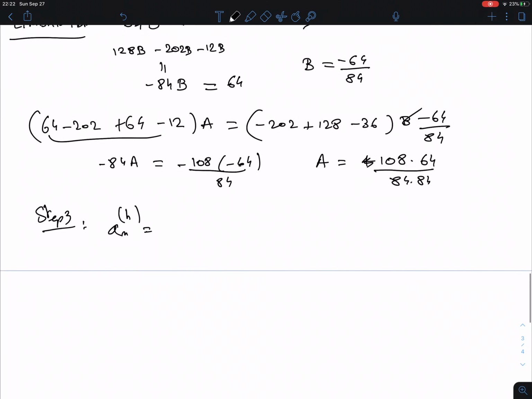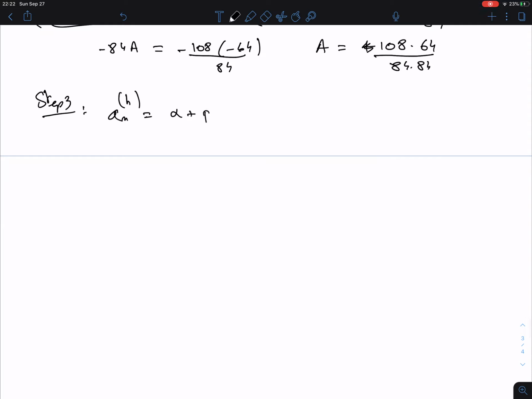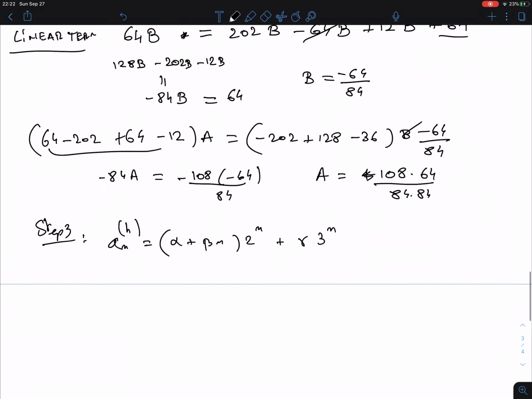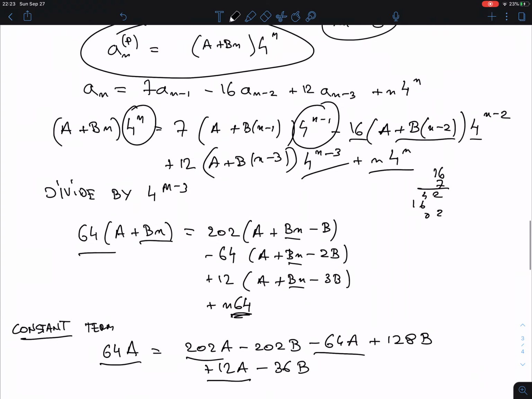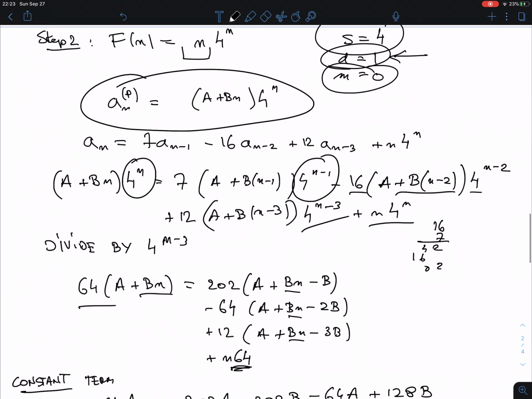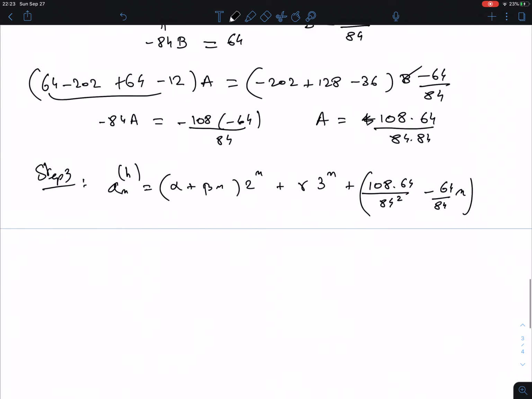That's the general: alpha plus beta n times 2 to the n plus gamma times 3 to the power n. And then we have our special solution here, plus 108 times 64 over 84 squared. And the b was what? Minus 64 over 84 n. And there was a 4 to the power n also.